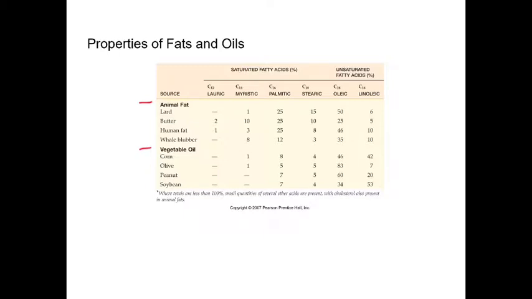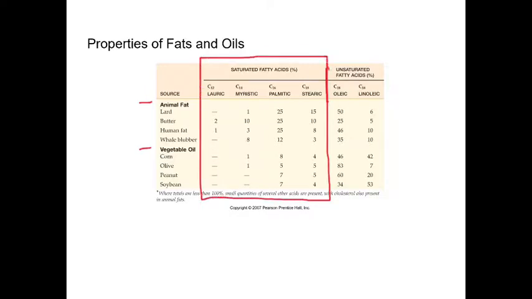Up here across the top, we see that these guys, let me try to box them, these guys are all saturated fatty acids. What this is showing you is that when you talk about butter or olive oil, it's not made up of one specific fatty acid, but rather a combination of fatty acids.